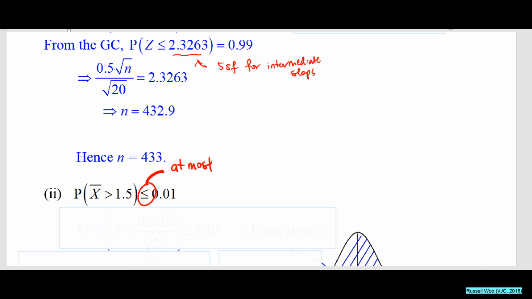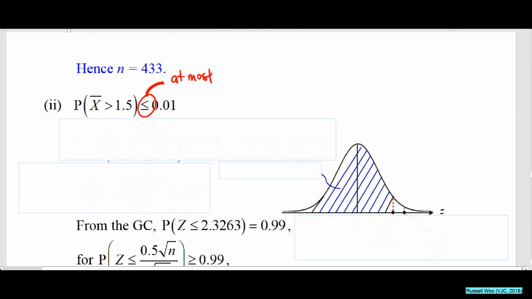Almost exactly the same. So, you will still standardize. You will still change to lower bound. That means you still have to change this to less than. You have to standardize x bar. That means you minus mean divided by standard deviation.